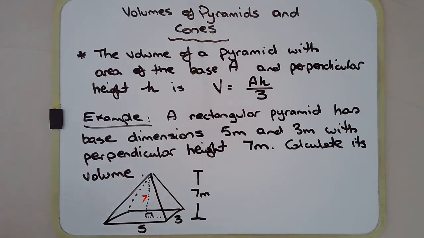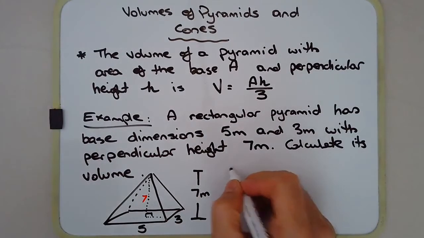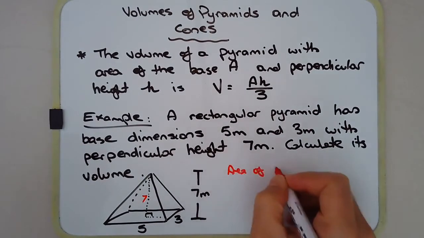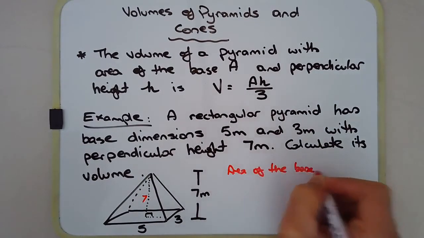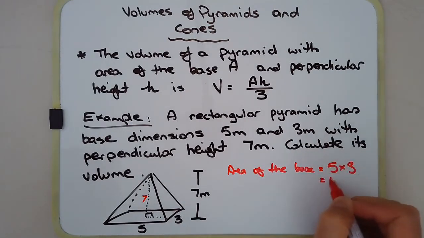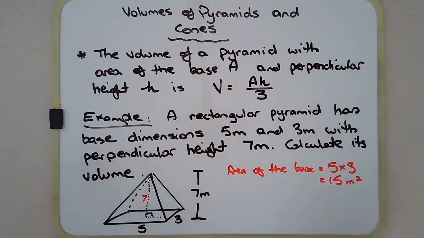Right, so let's work it out. Volume is equal to area of the base. So if you want, you can work out the area of the base separately. Area of the base is equal to, it's a rectangle, so it's 5 times 3, which equals 15 square meters.